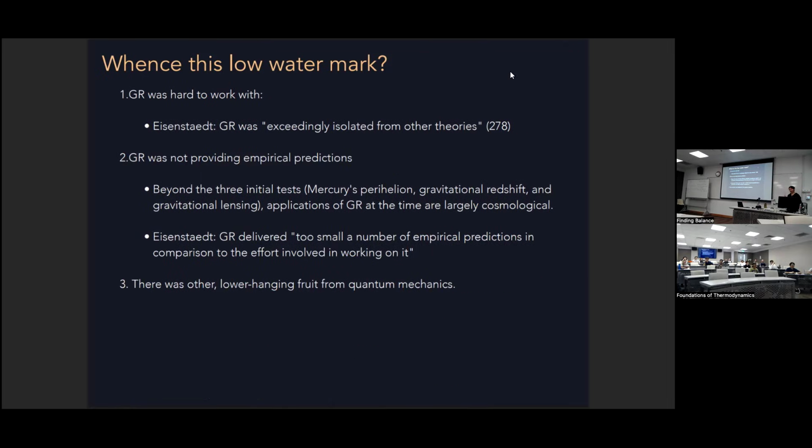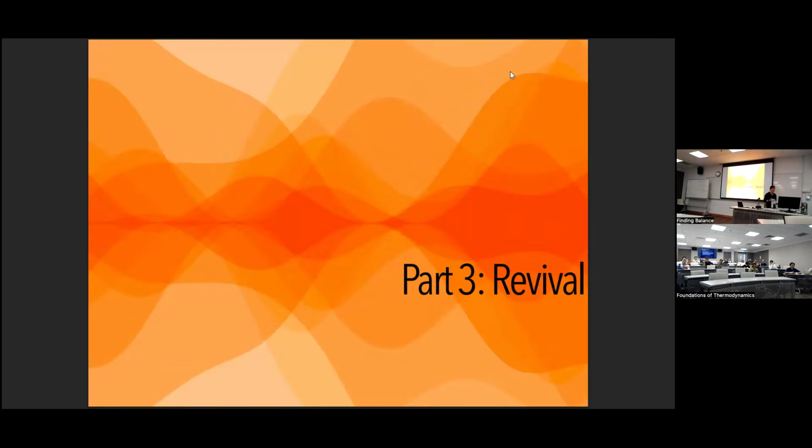And I'll just note there's also really low-hanging fruit in quantum mechanics, where a lot of the physicists are working. So it's hard to justify working in GR when there's low-hanging fruit, empirical results, and really interesting stuff going on in quantum mechanics next door.